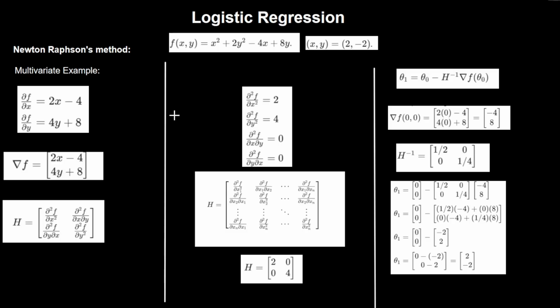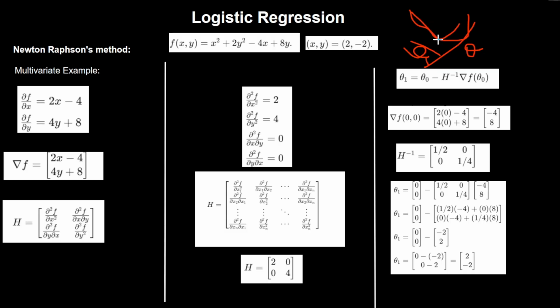Now let's talk about a numerical example where we use Newton-Raphson method in the case of multivariate. Here we have this quadratic function with two variables. The optimal point, the global minimum, would be a bowl. Like we previously saw in gradient descent, if we have two variables, theta 1 and theta 2, we'll have a 3D surface which is curved inward like a bowl.